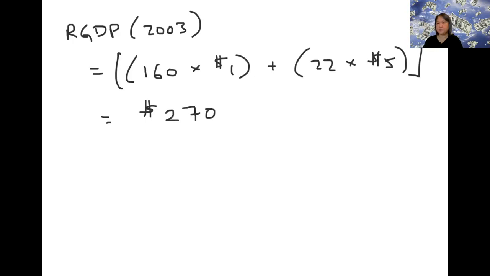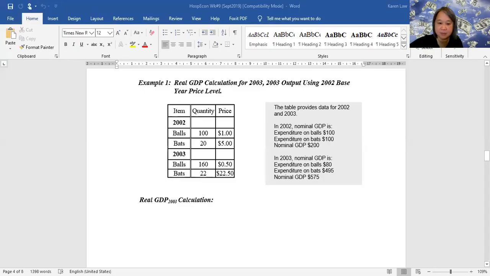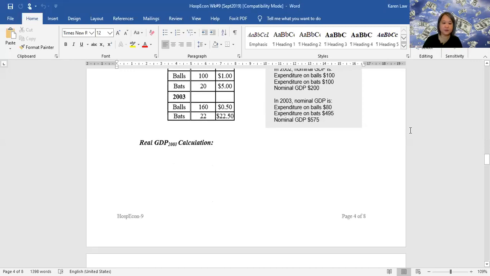So that is your real GDP of 2003. Okay, so that is the answer to this question: calculate real GDP of 2003 when we're only dealing with balls and bats.